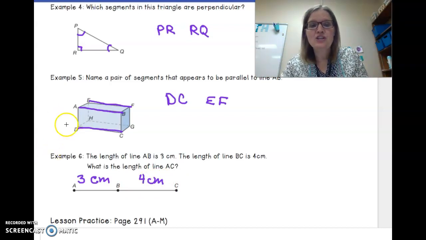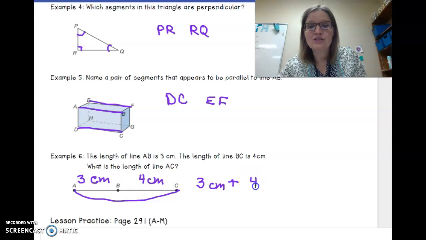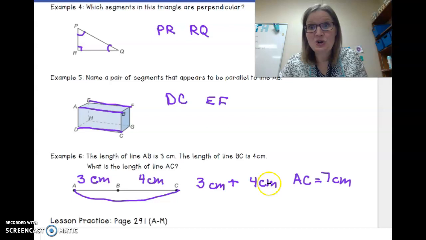In this situation, they want to know the whole measurement of here. I just look and say, I've got 3 centimeters, and then I have 4 centimeters, and I know that my whole, AC, equals 7 centimeters. Please note that they love to throw that in tests, so get really comfortable. We're going to pause now, and I wish you well.